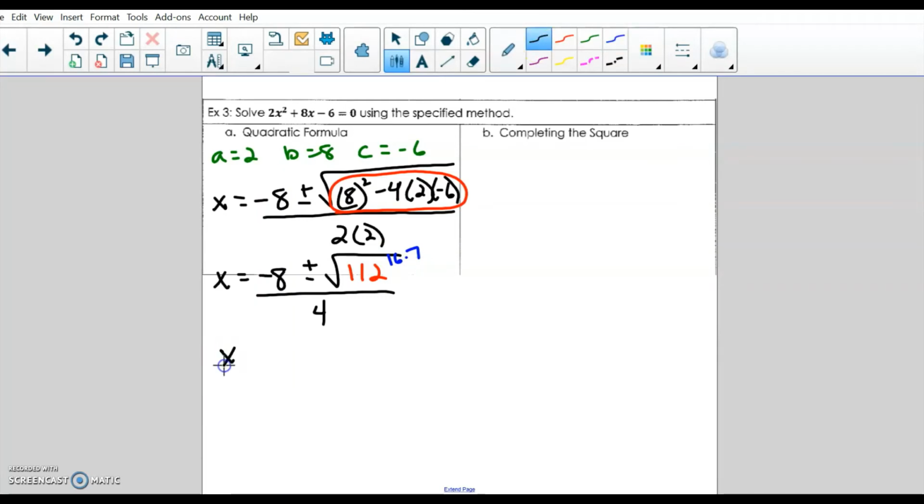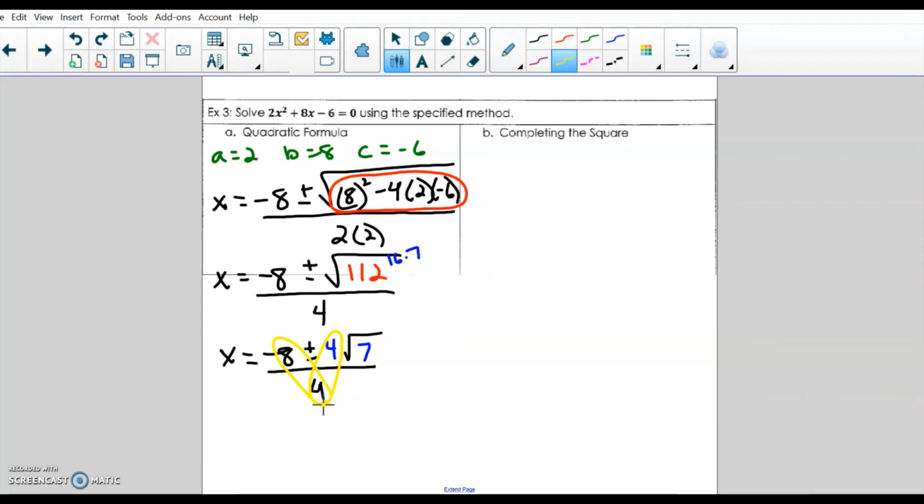Alright, x equals -8 plus minus 4 square root of 7 divided by 4. Now, what you're going to notice is that this 4 divides into the 4 and divides into the 8, and we have to simplify that.